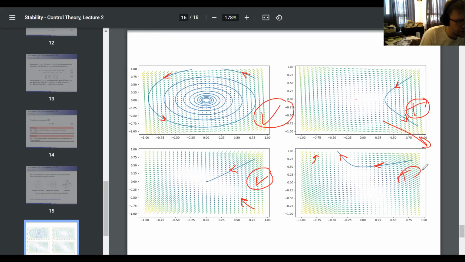So this is not stable. That's basically how you can think about it graphically, like the solution of 2x2 systems. You can just plot those arrows, find x dot for every x using this equation directly, with x1 and x2 directions, and just plot the arrows and see what happens with solutions. It's easy enough.